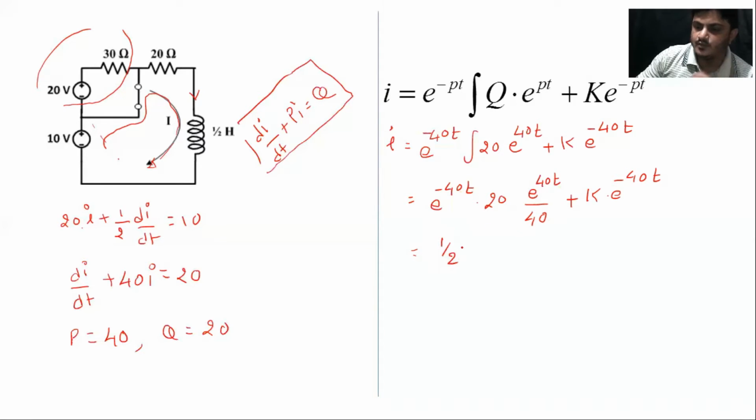So this is 1/2 + K e^(-40t). This is my expression for current.